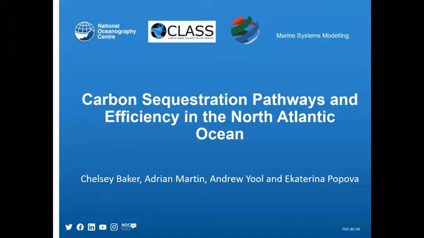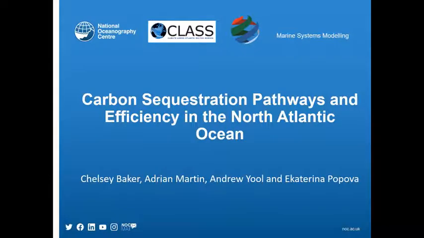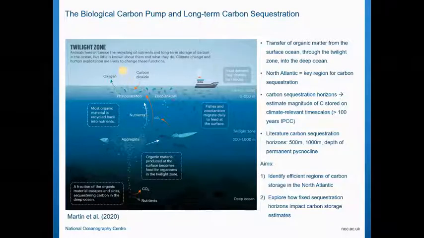That's great. Thank you. So today I'm going to talk to you about carbon sequestration pathways and efficiency in the North Atlantic Ocean. So we know the ocean is an important carbon sink, and this occurs via two main pumps, the solubility pump and the biological carbon pump, which is the one that I'm going to focus on today.